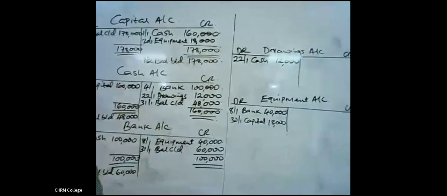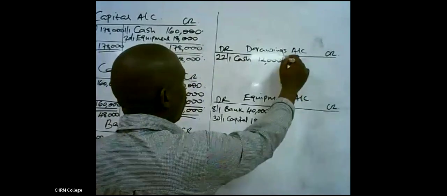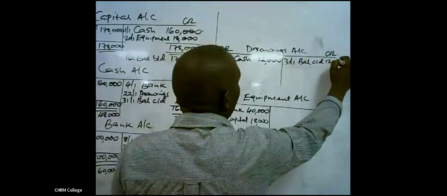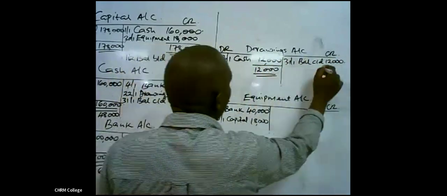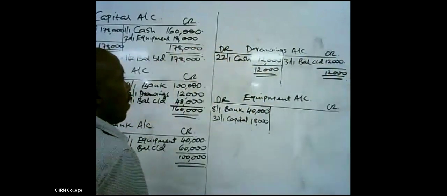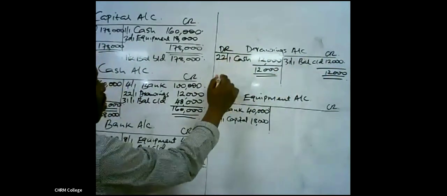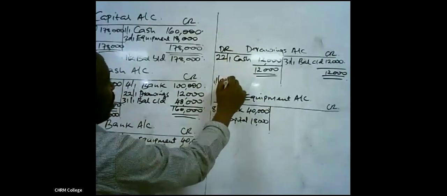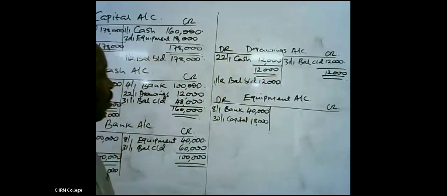The drawings, this side is having 12,000 more than the credit. So on that part, the closing balance is 12,000 on the credit, so that we can have 12,000 and 12,000 there. This balance is the debit because the debit will be more. 1st of February, the balance brought down will be on this side that had more.